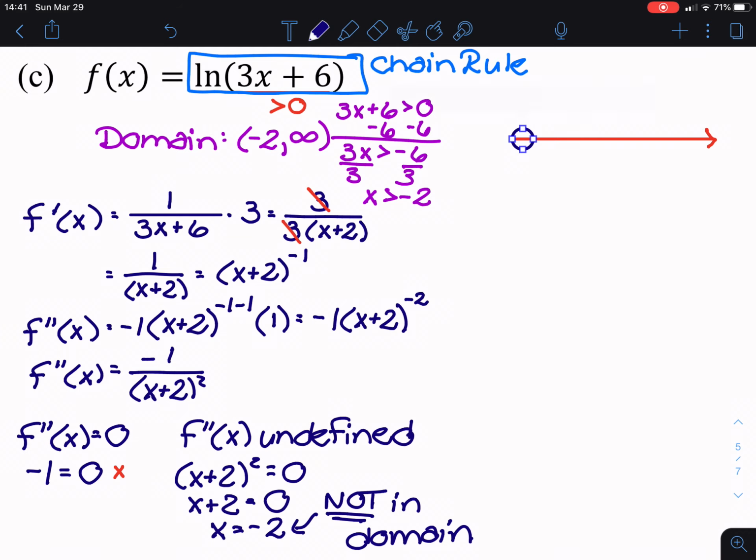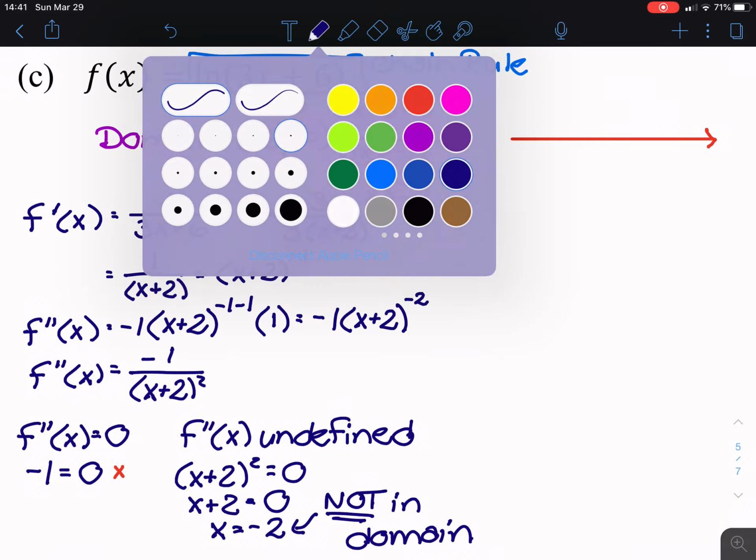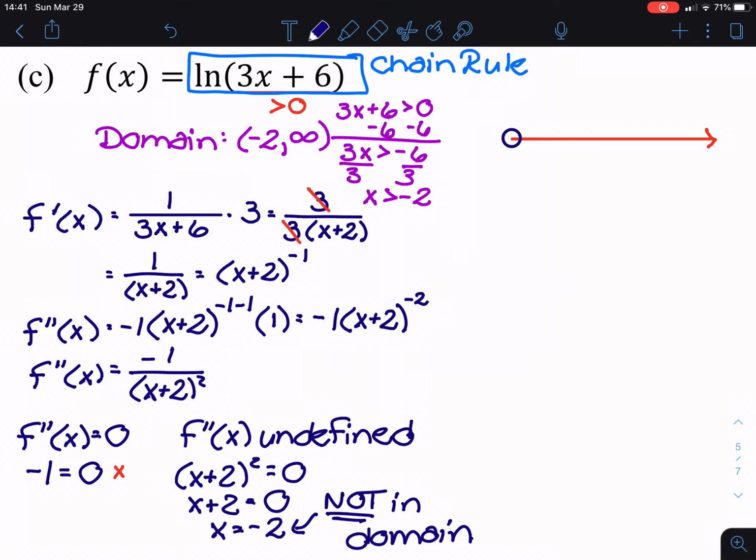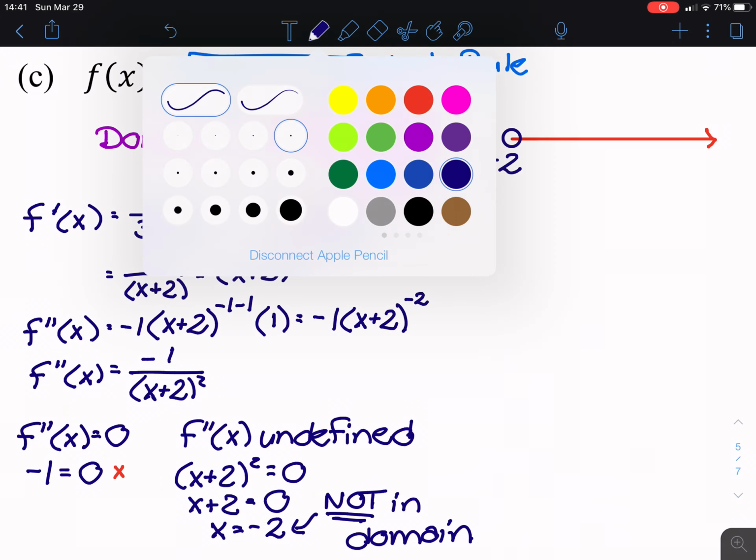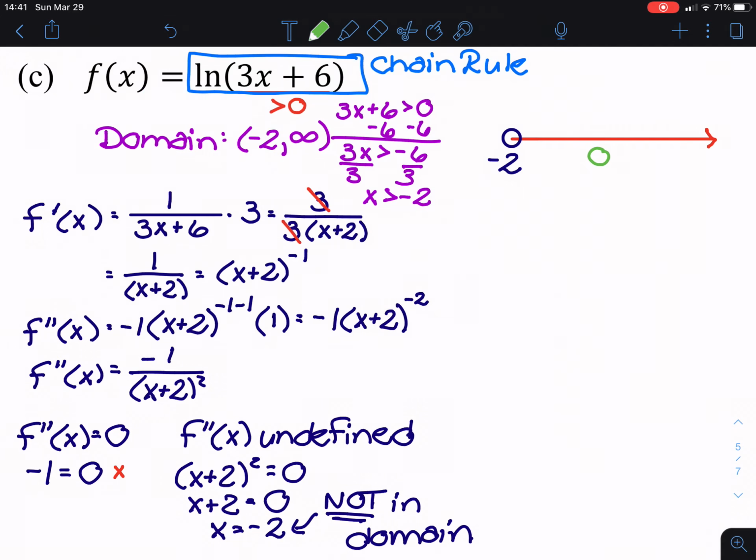Let me try doing the circle again here. There's my circle, and this is at -2. Remember, like I said, -2 is not part of the domain. Everything is to the right of -2. So I'm going to pick a number that's to the right of -2. I think 0 will be a good choice. All right.